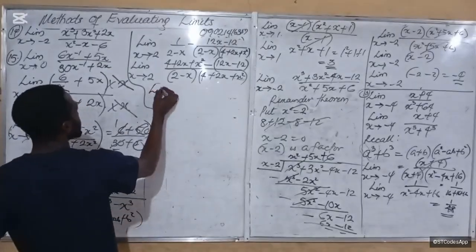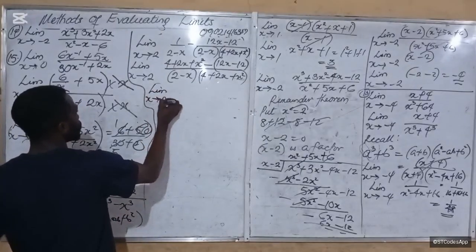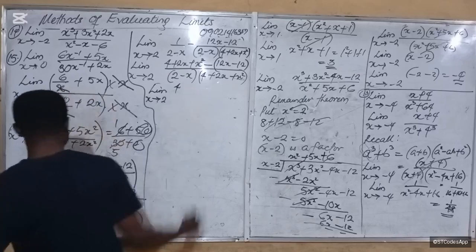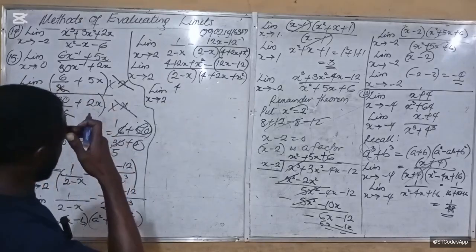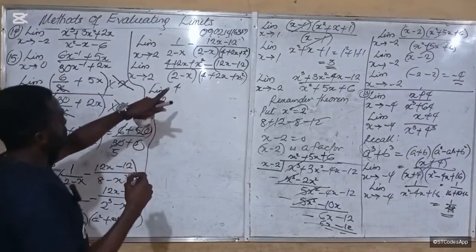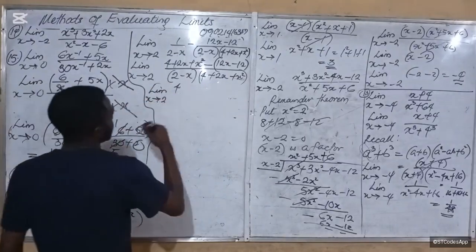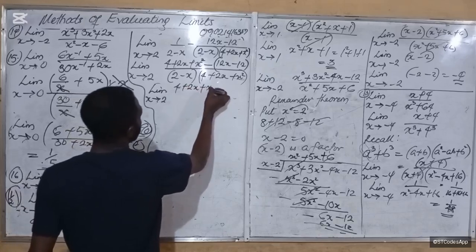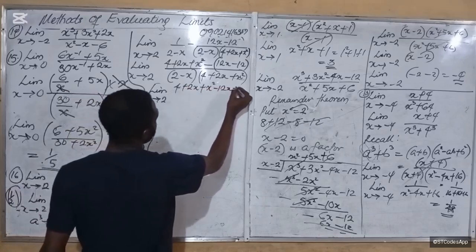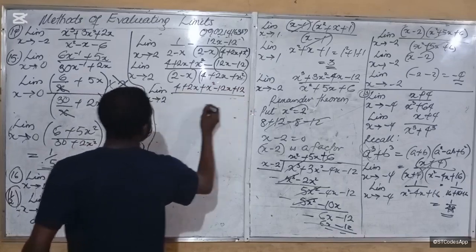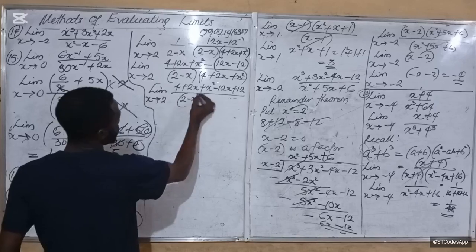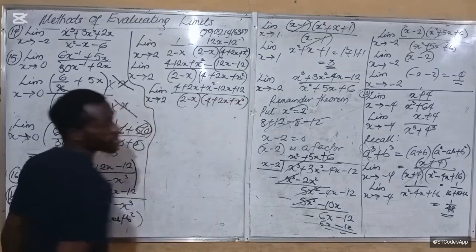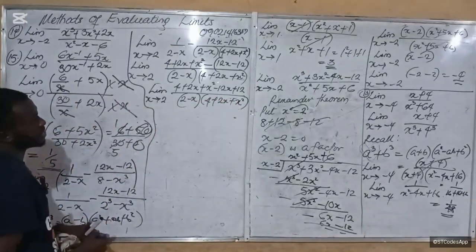So we have the limit as x approaches 2 of, I hope I've not made any mistake. Yes. So we have 4 plus 2x plus x squared minus 12x plus 12 over 2 minus x, 4 plus 2x plus x squared. So what do you do from here?